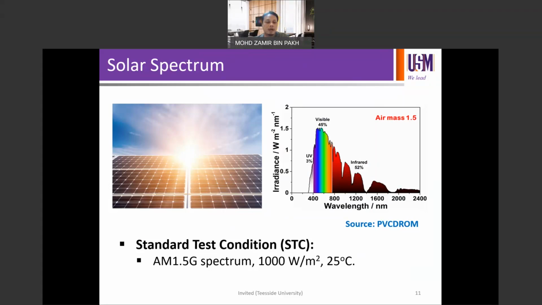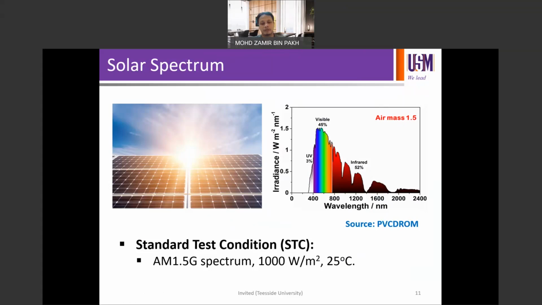But for the sake of standard test condition, we need to use the AM 1.5 global solar spectrum. The illumination power has to be 1000 watt per meter square, and the measurement has to be done at 25 degrees C. These are the three conditions used in standard test condition in order for us to know the standard conversion efficiency of our solar cell.